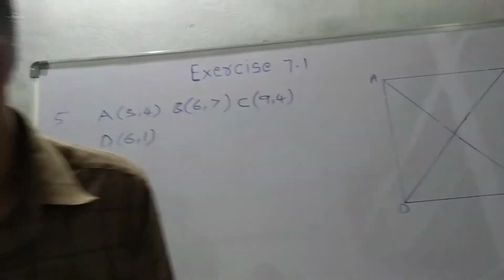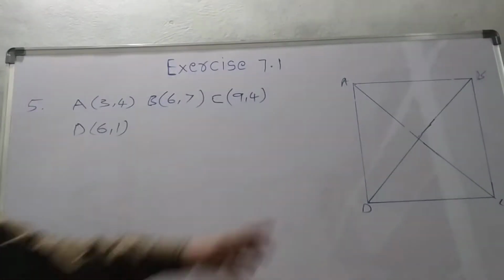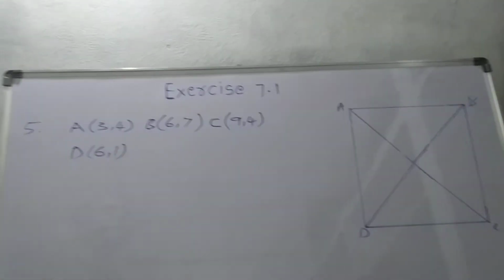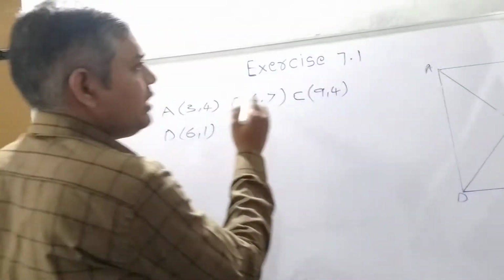Using the distance formula, first we have to prove that ABCD is a square. All the sides should be equal.